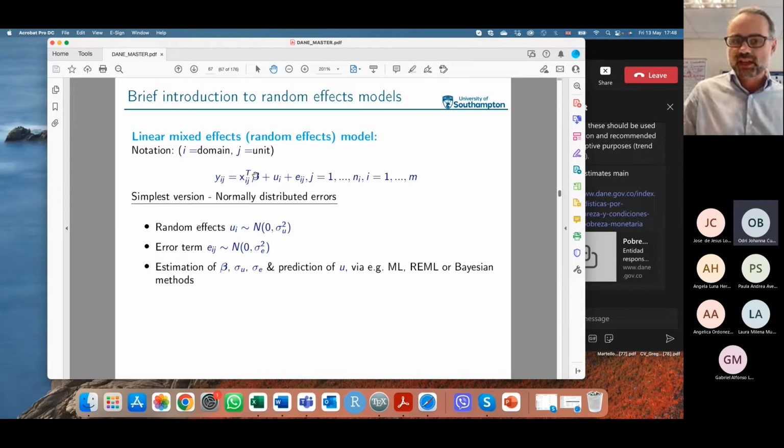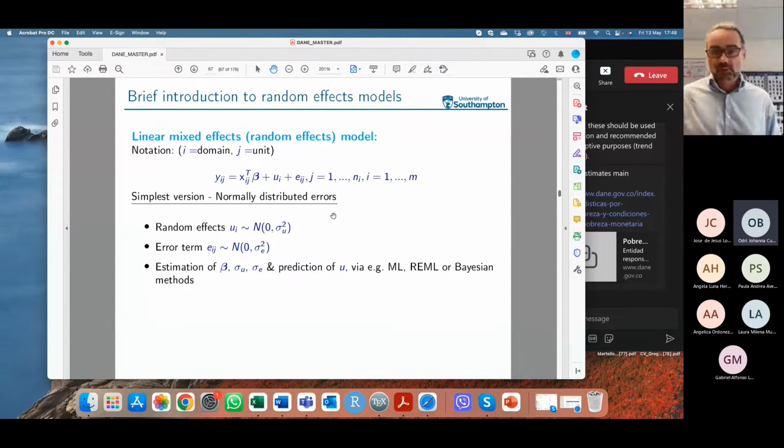So what we're saying here is that you are modeling your Y, think of income here, and I'm using two subscripts, i and j. So we have j household in i municipality, and we model that as a function of a set of explanatory variables X. Think of income, and X can be a set of predictor variables that are predictive of income.